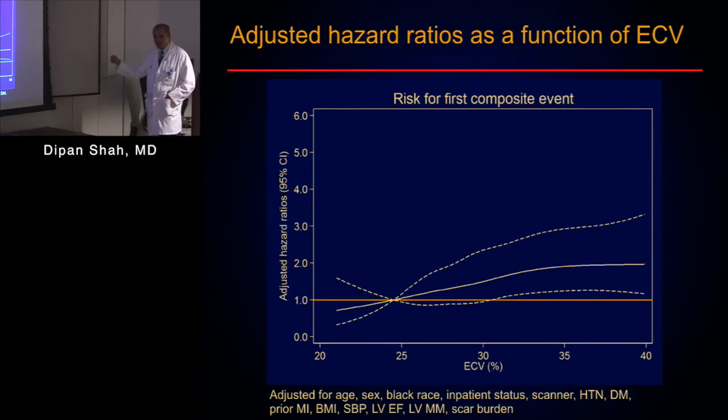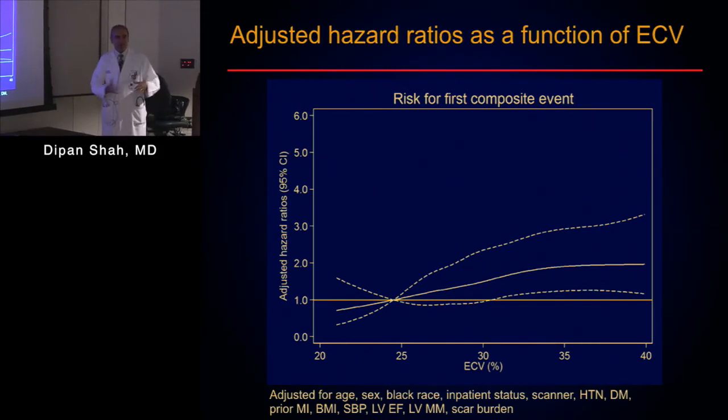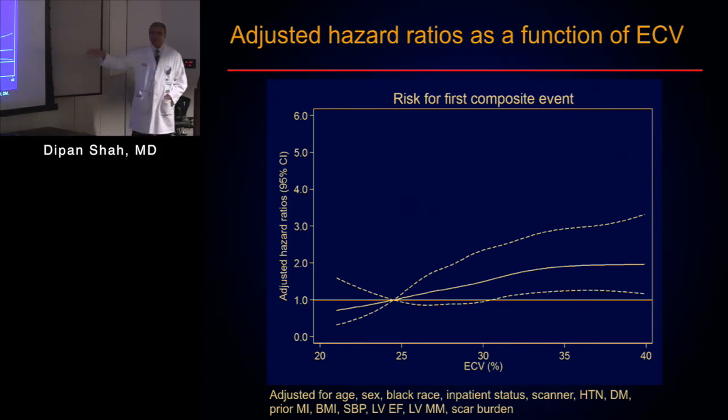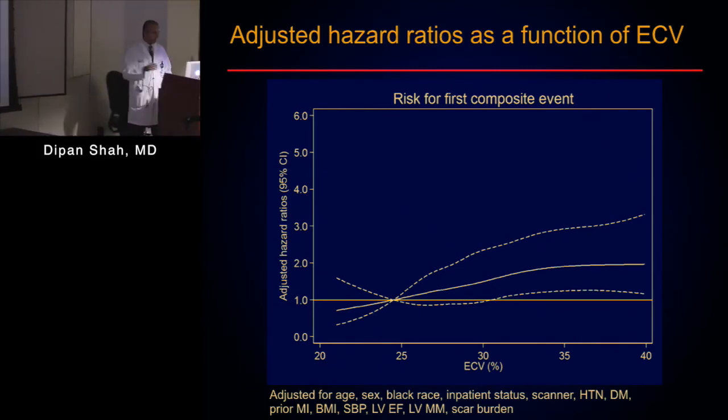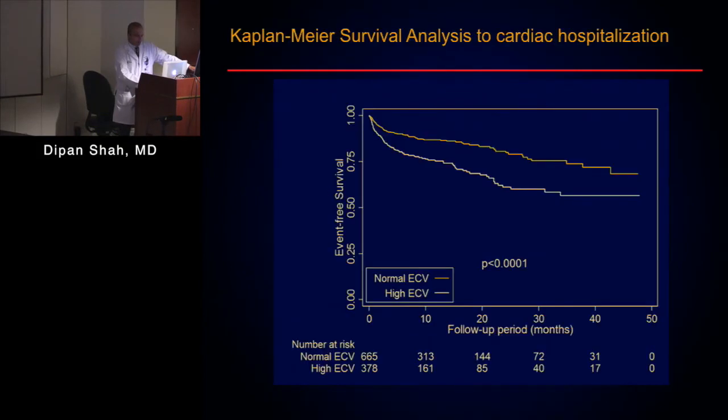Because the other question is, is there incremental value of this on top of just doing replacement fibrosis assessment by the late gadolinium enhancement technique, which we've had now for several years. And again, you can see that there seems to be an incremental predictive value here of this over and above what you get with just replacement fibrosis alone.